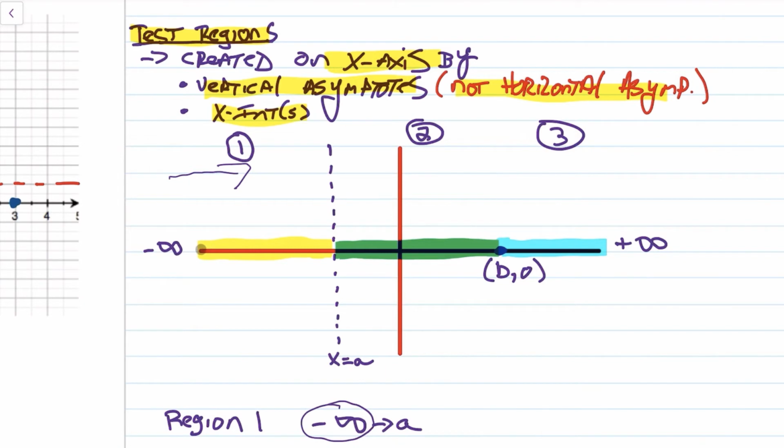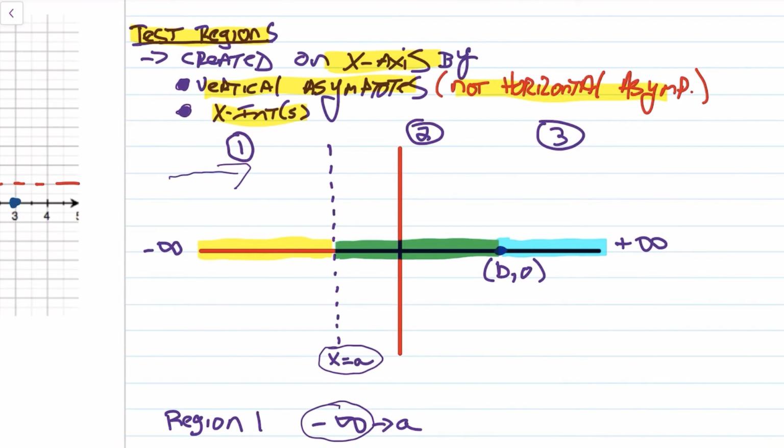So the reason I did that is, what you do is you continue along your x-axis until you hit, you either stop when you hit a vertical asymptote or stop when you hit an x-intercept. So when I did this, I started at negative infinity and I was continuing along the x-axis and I stopped right here, because at this point over here, this vertical asymptote, x equals a, that's where we're going to create our first test region.